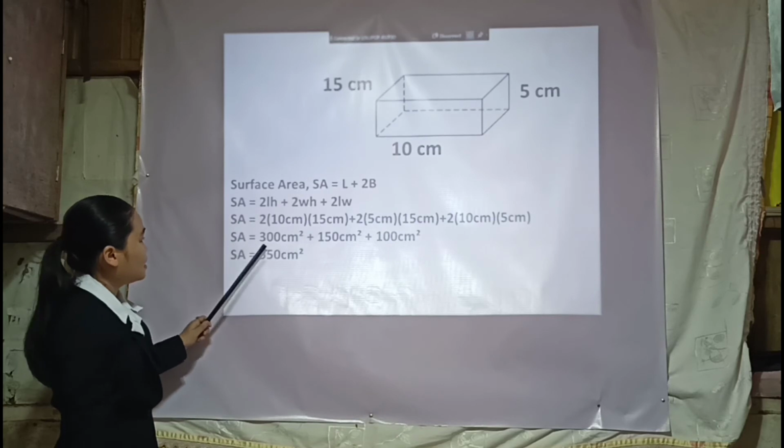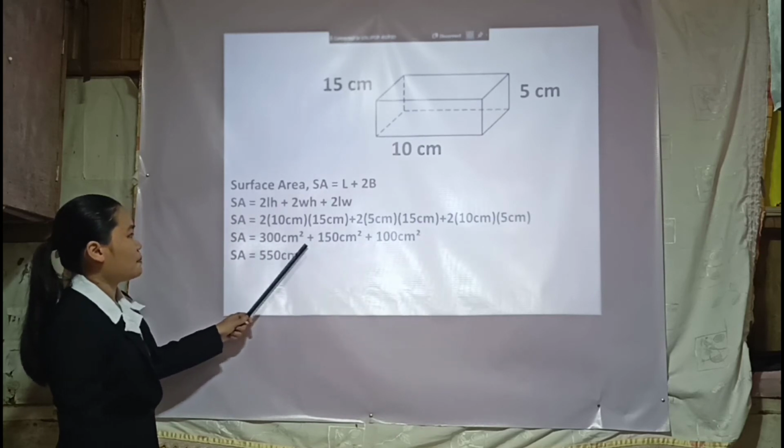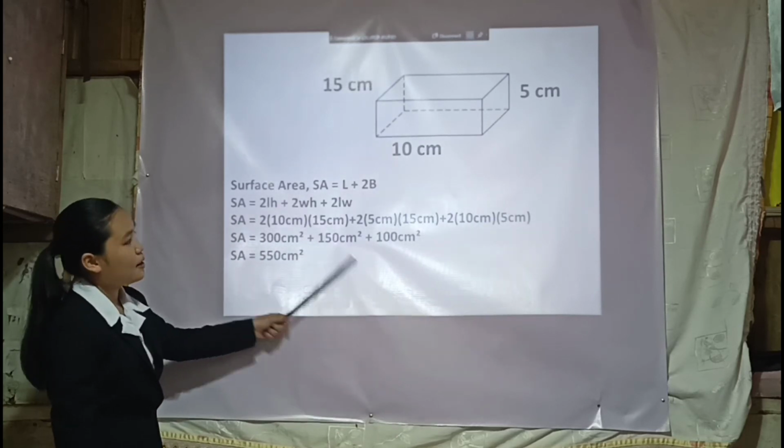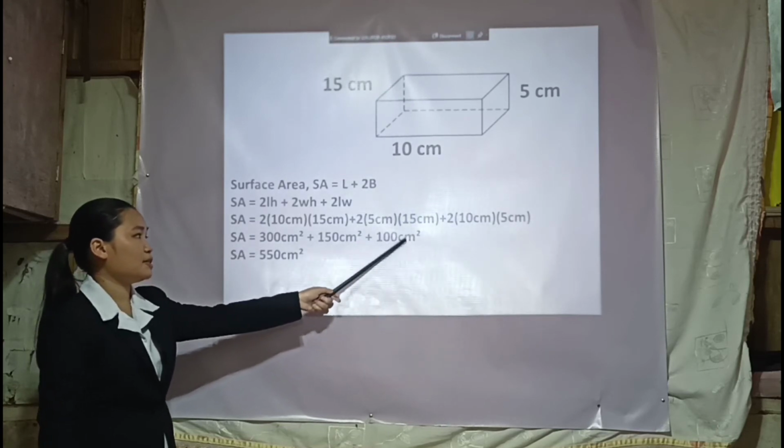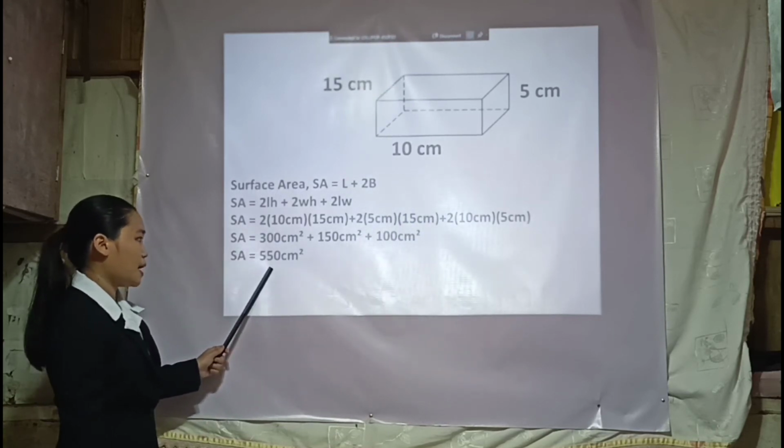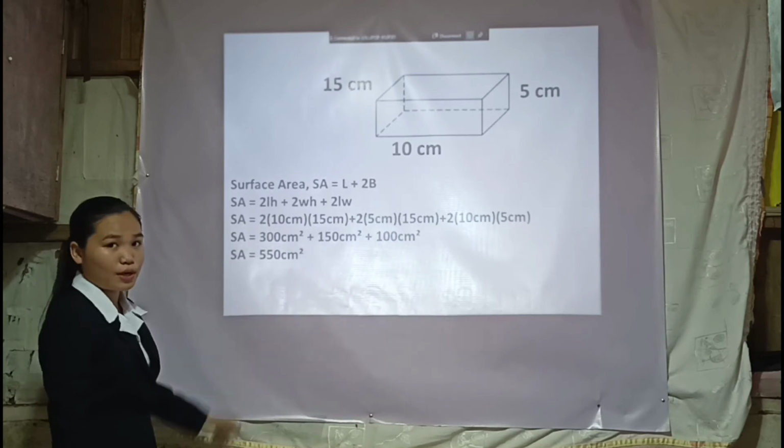The total of 300 centimeters squared plus 150 centimeters squared plus 100 centimeters squared is 550 centimeters squared.